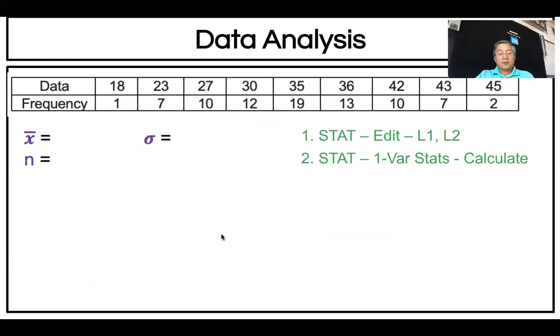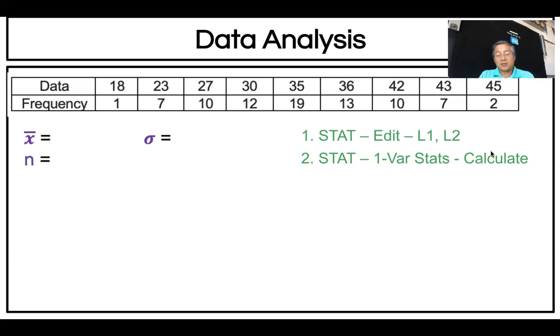Now today, let's say you have data like this. This time we have a frequency table, right? Each data has a frequency. It means the scores, like 18, one person got 18, 7 people got 23. You could write this data out as 18, 23 seven times, 27 ten times, 30 twelve times, and so on.